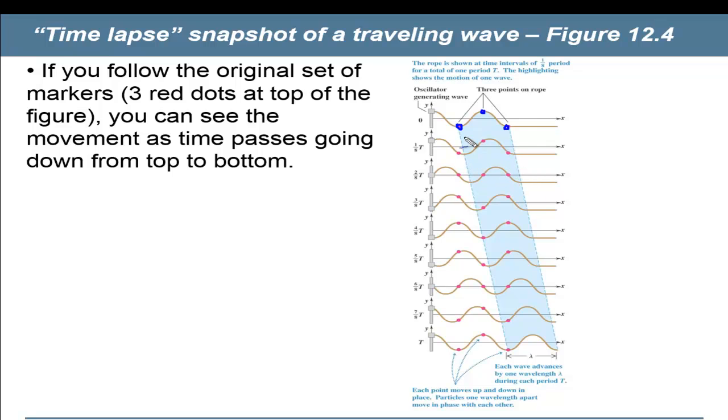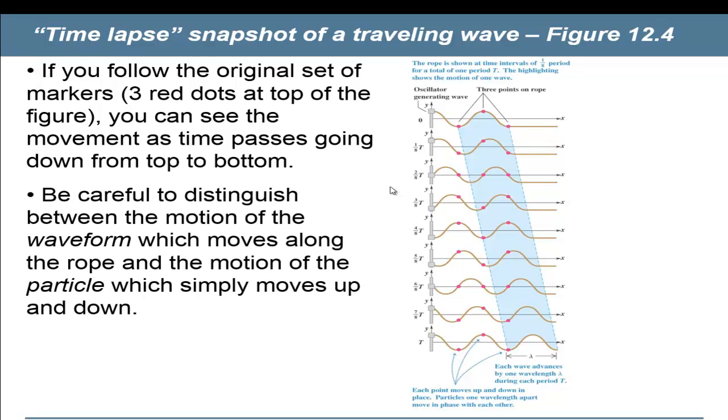It only moves in the y direction, right? So it's at the bottom and it slowly moves up, and finally halfway through the cycle, it finds its way to the top, and then it starts to come back down, and then all the way through the cycle it's back at the bottom again. And you see that holds true for all of these dots. They're all in the same x position, and they're simply moving up and down like we saw before.